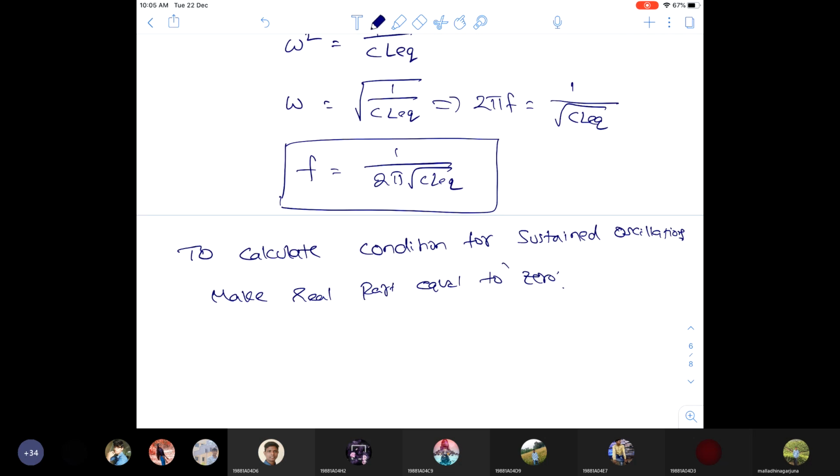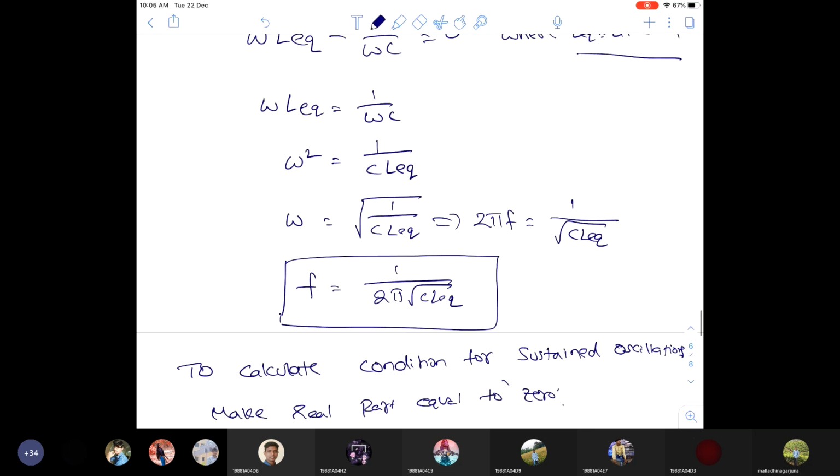So to get sustained oscillations, what would be the condition for this Hartley oscillator? Take the real part and make it equal to 0. What is the real part here?